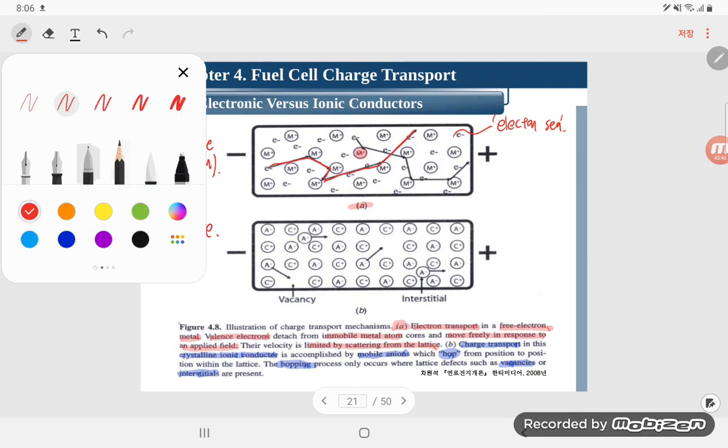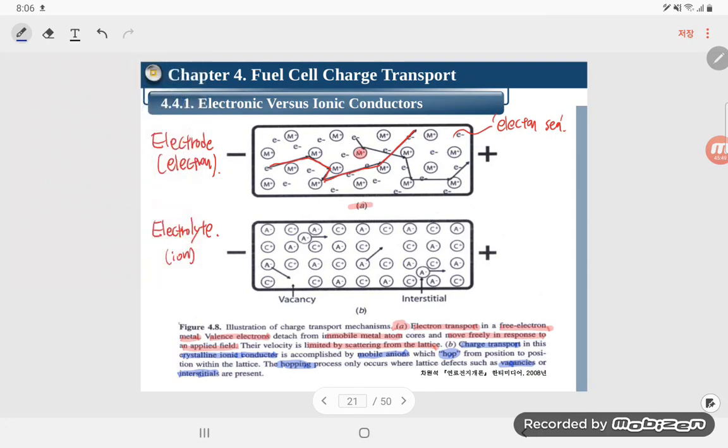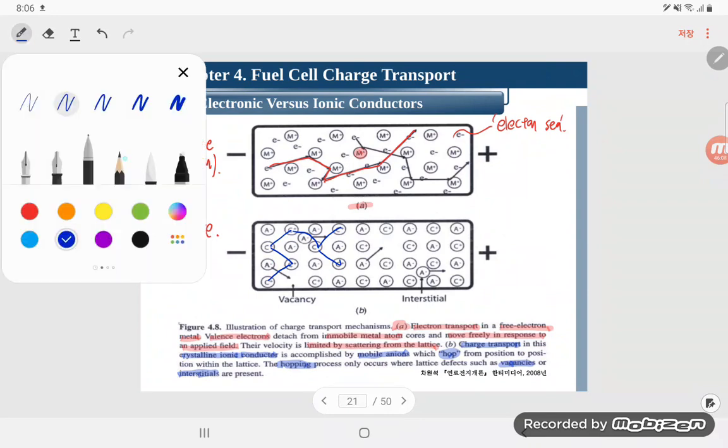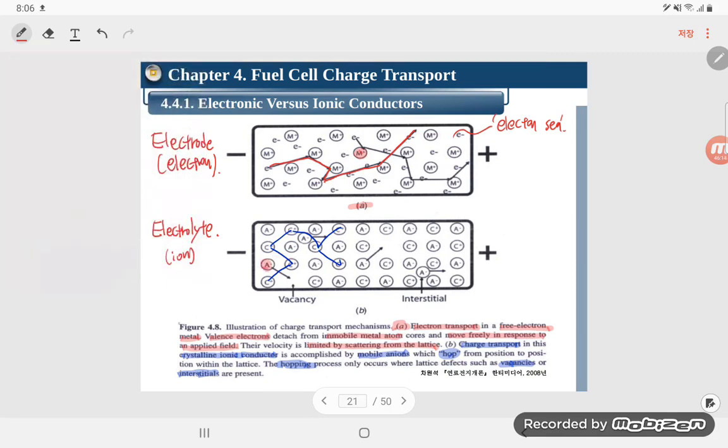Here there is a very important point: the C plus should be immobilized. They cannot move because they form a chain by themselves, so they are fixed in position, and only the anion A minus can move freely in this crystal. So if there is a vacancy here, it hops to this side. That is one of the mechanisms of ion transfer.